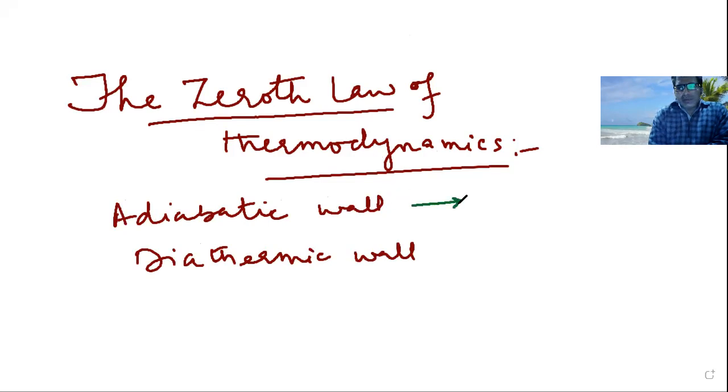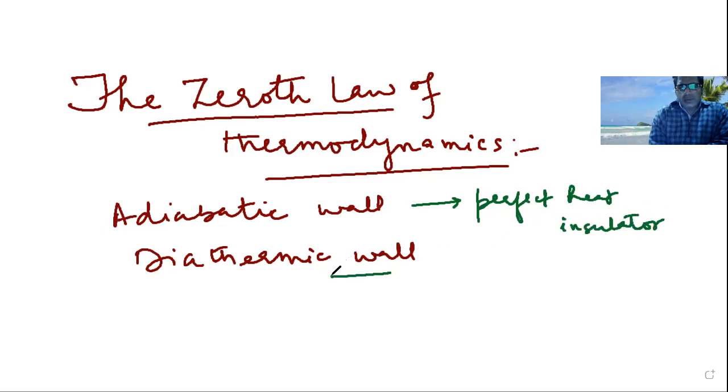Adiabatic wall was a perfect heat insulator and diathermic wall was a perfect heat conductor.